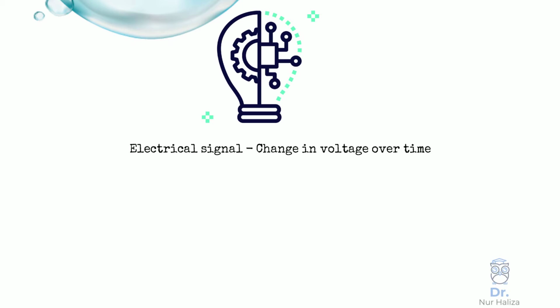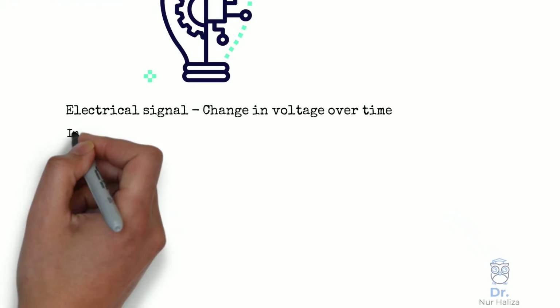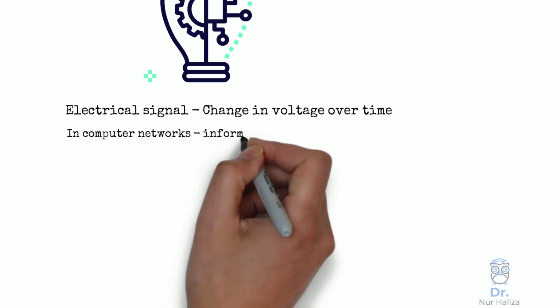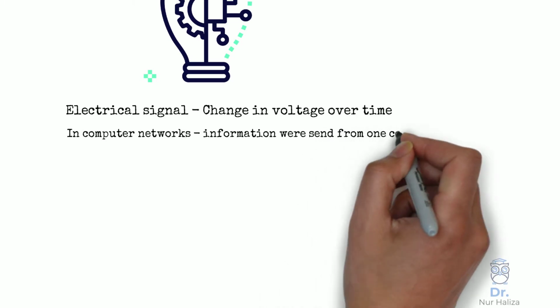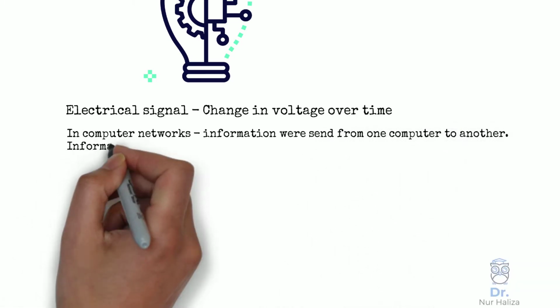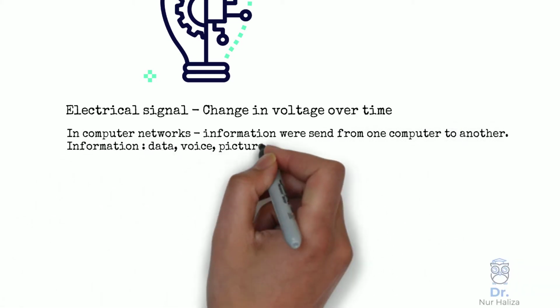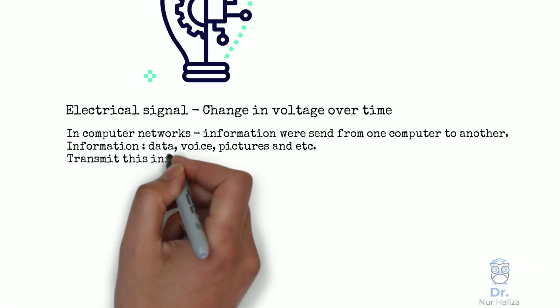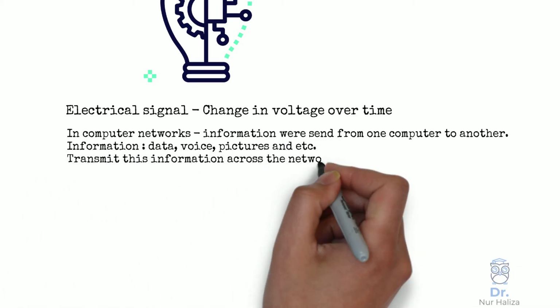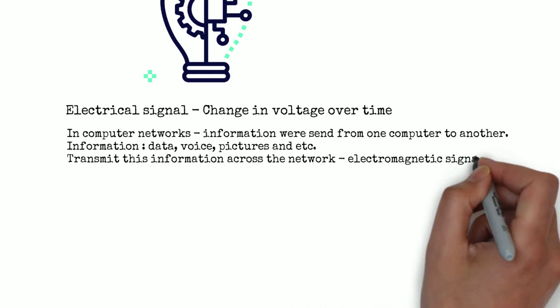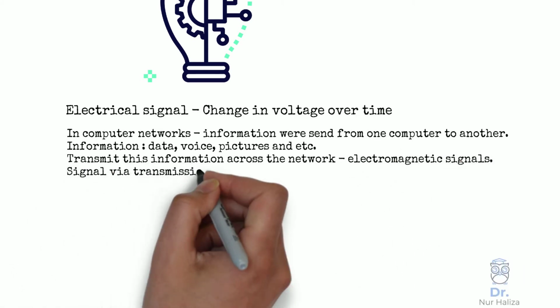So how about signals in computer networks? In a computer network, we send information from one computer to another. This information may be in the form of data, voices, pictures, videos, and so on.